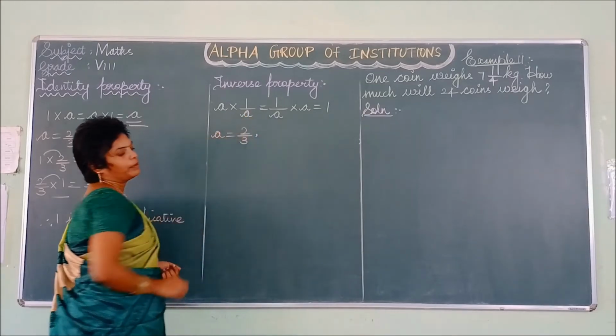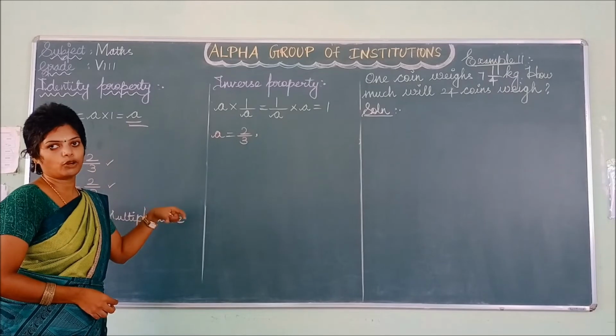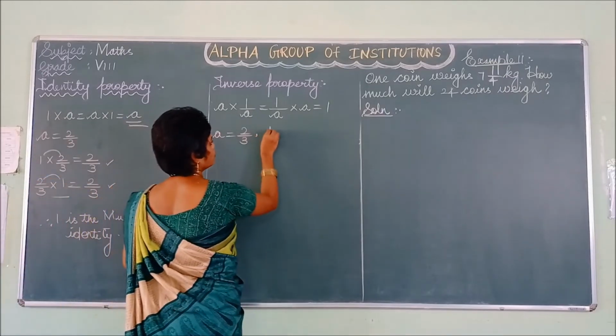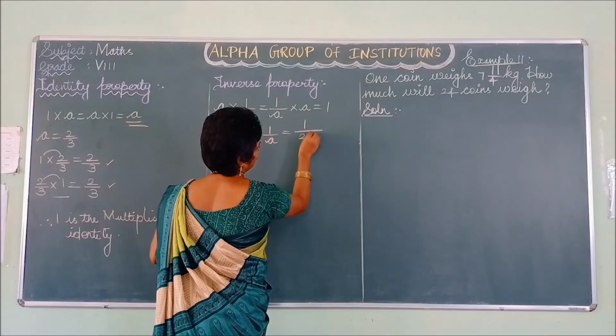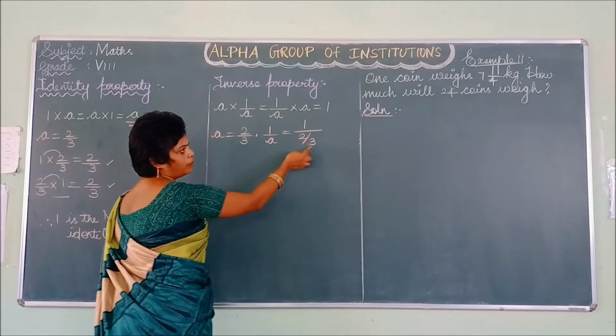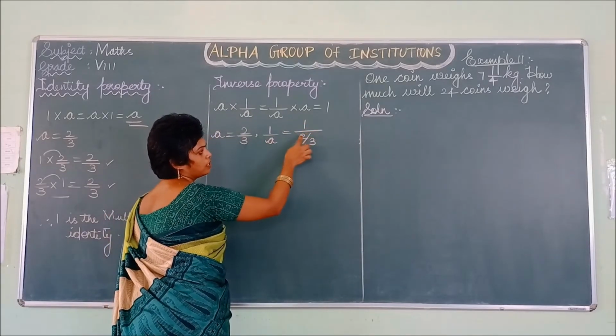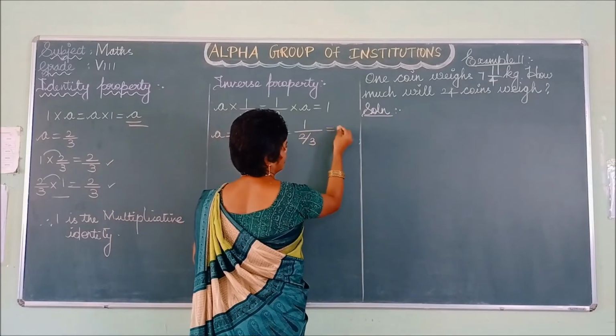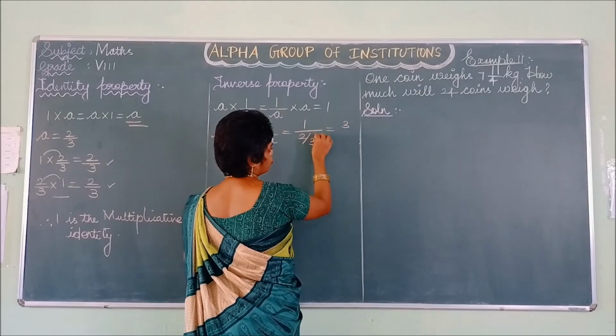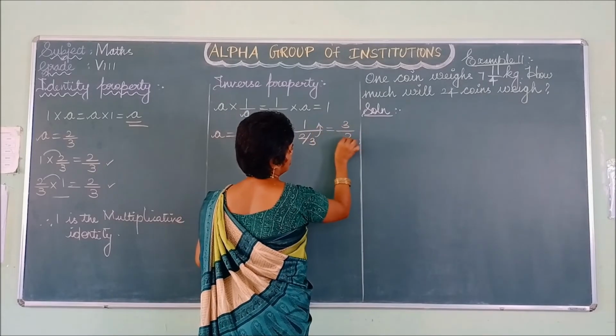So what is 1 by A? 1 by A is the reciprocal of A. So 1 by A is 1 divided by 2 by 3. The denominator comes as the numerator, so we can interchange and write 3 by 2.